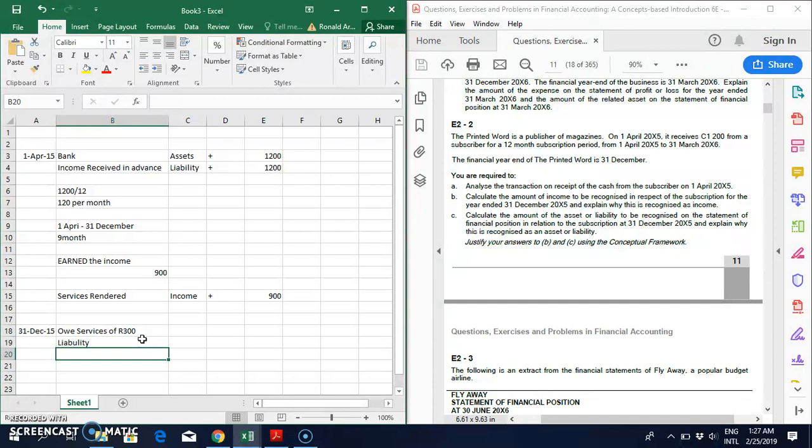So that 300 Rand's worth of service that we still owe, that is the liability. The 900 Rand of services which we've rendered is an income. So go through again your definition of an asset, of a liability, of an income, of an expense, so that you know when to apply the definition, and when you've applied the definition, how to then classify it appropriately. So that's E2.2.